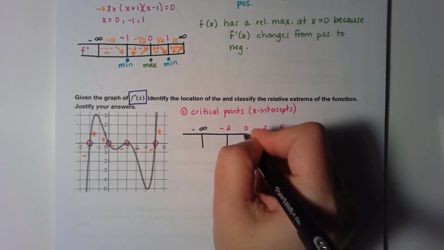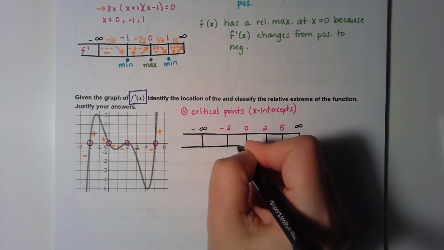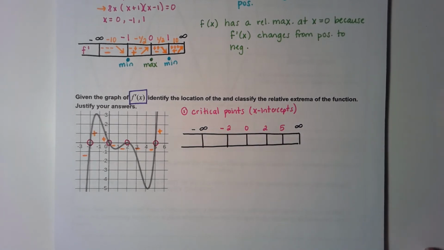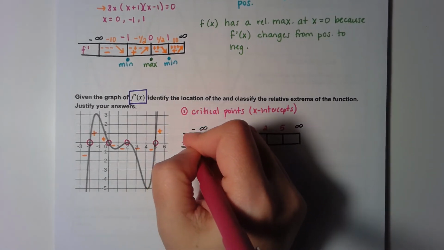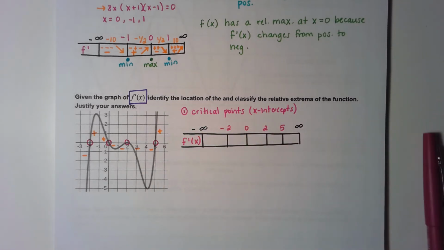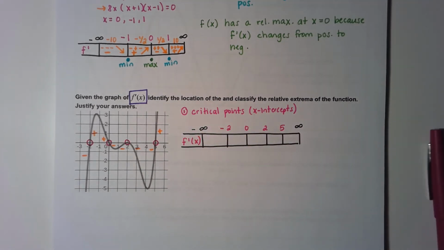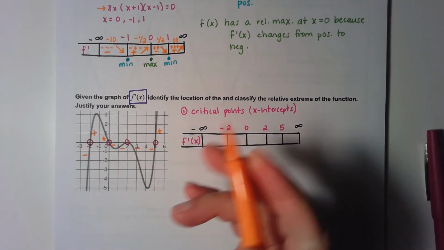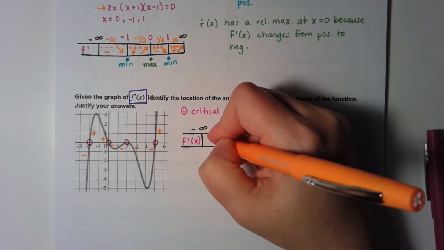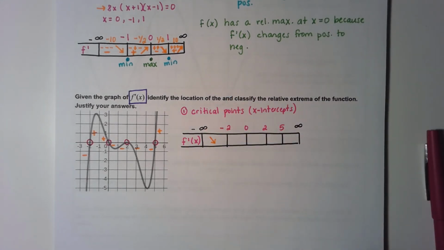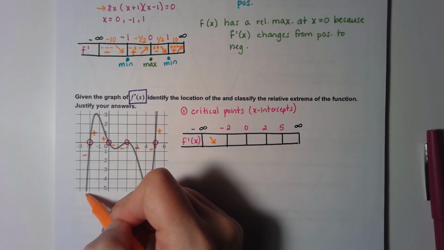Now I'm going to use what we just talked about, where the below parts are the negative slopes and the above parts are the positive slopes of the original function to fill in this chart. So on the left side of the -2, we decided that the original graph had a negative slope because it's below the x-axis.